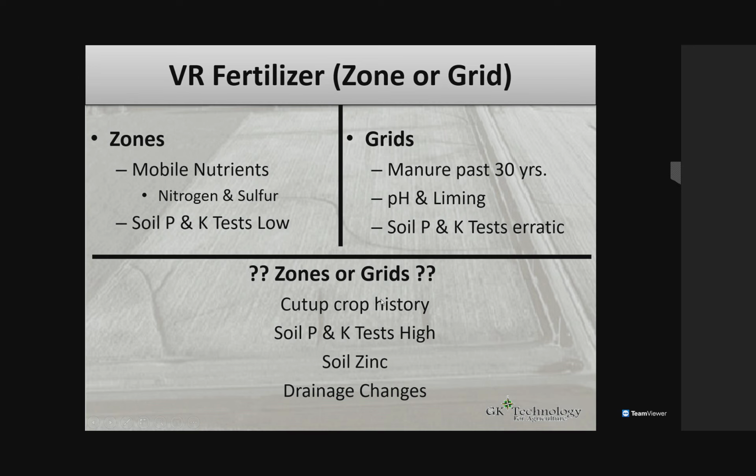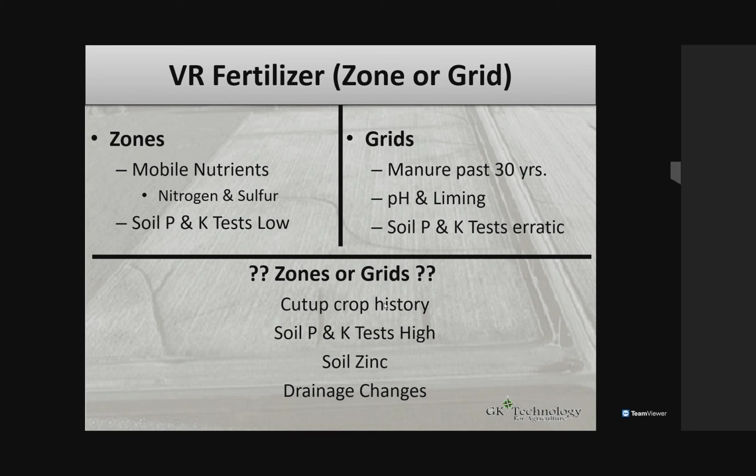Things down at the bottom here are going to be things that might go either way. Cut-up cropping histories, or soil P and K that has been testing very high, uniformly high all the time. If you're chasing soil zinc issues or drainage changes, zones or grids might be the right answer.